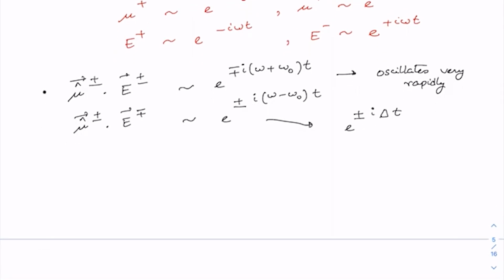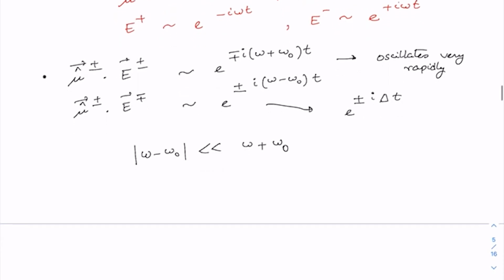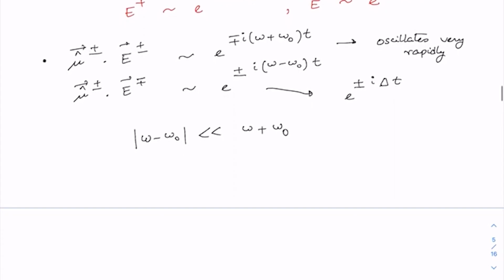If we assume that the modulus of ω−ω0 is much less than ω+ω0, we can discard all the highly oscillating terms. This is a very reasonable approximation, as the frequencies involved are generally in the optical domain.